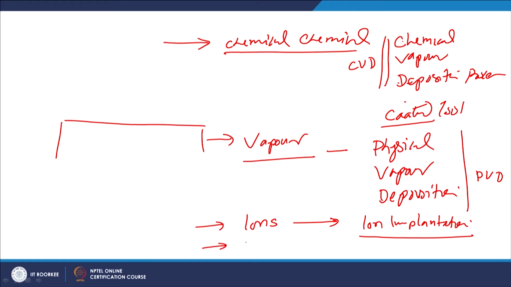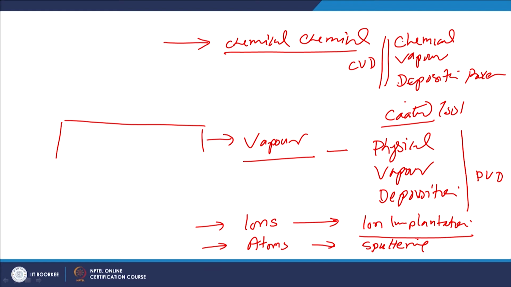And when the target material, or the material to be coated, is used in form of the atoms, and then they are deposited over the surface of the substrate, the process is called sputtering. So the atoms of the material which are to be applied on the surface of the substrate are produced using the suitable means, so that they can be deposited on the surface of the substrate.